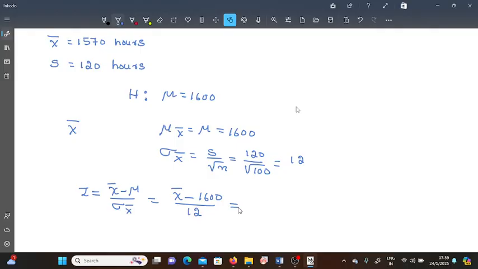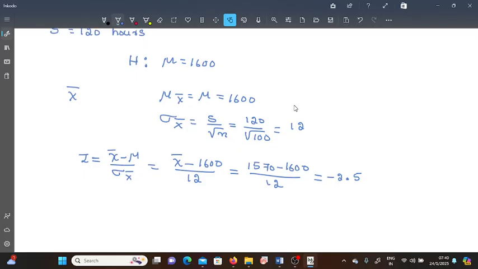The sample mean X bar is 1570 hours, so 1570 minus 1600 by 12. If we simplify the given equation, we get the value of Z as minus 2.5.